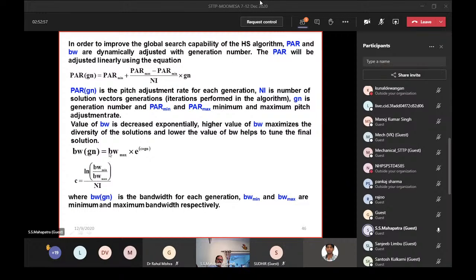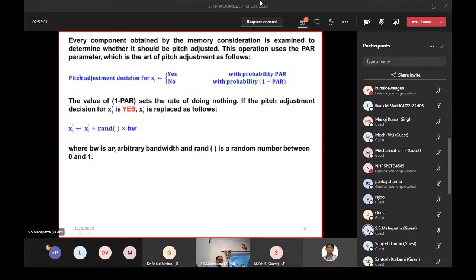So the new value of xi prime will be xi prime plus or minus rand into BW. Now BW is the bandwidth. Bandwidth is changing from one generation to another generation using this relation.